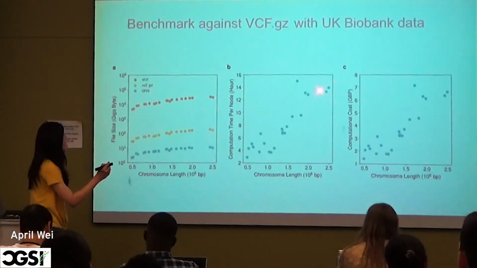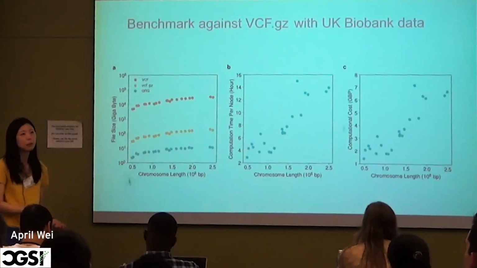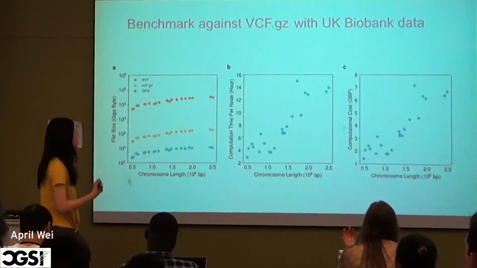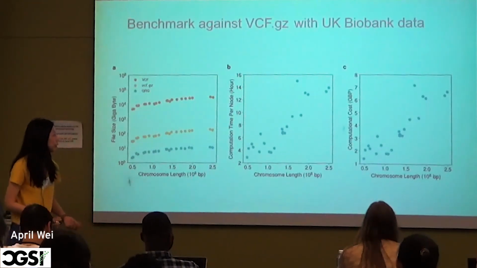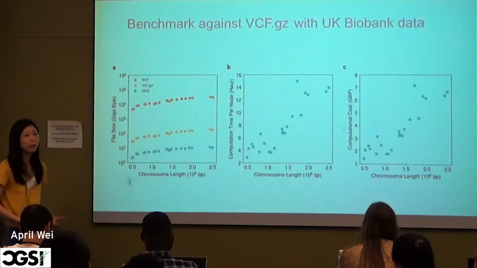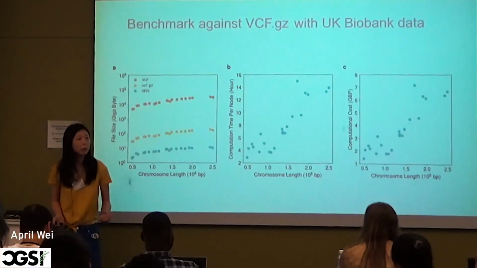And so for the longest chromosome, it takes about 14 hours per node. So this can be done quite readily. And the cost for the longest chromosome is 7 pounds. And in total, it took about 80 pounds to do this entire graph construction. So I would say that's very cheap to do.